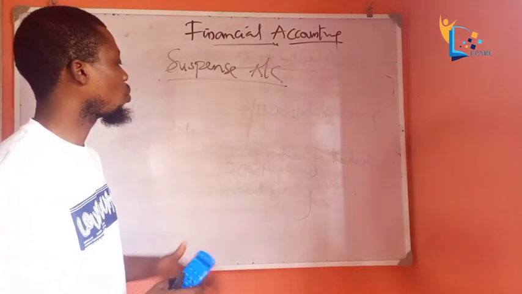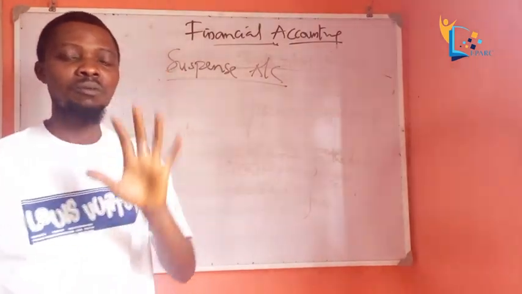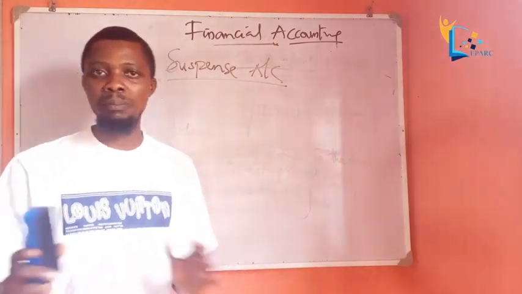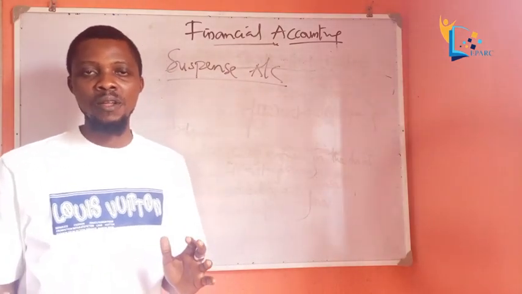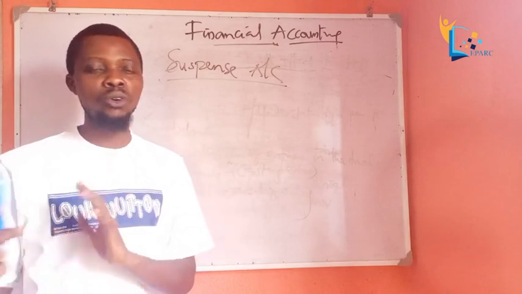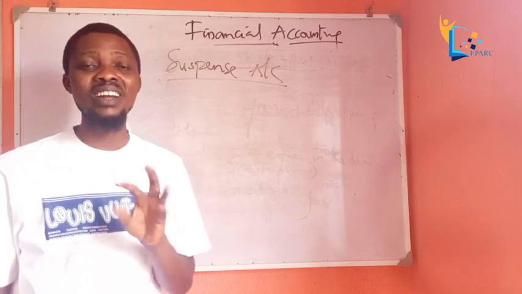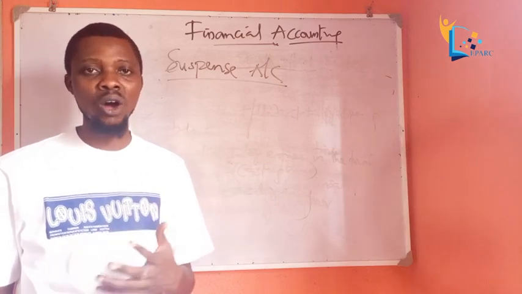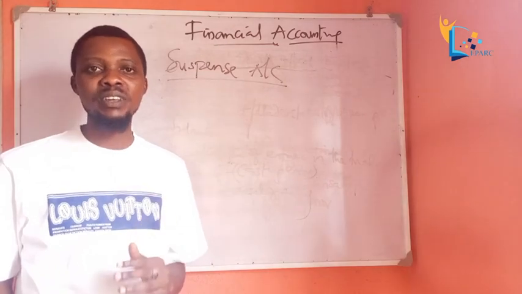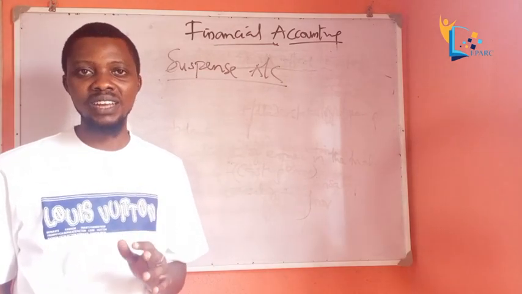Now, when these errors happen in the postings, and the bookkeeper or the accountant or whoever is auditing the account suspects or finds out that an error has been committed, that person will open what we call the suspense account.